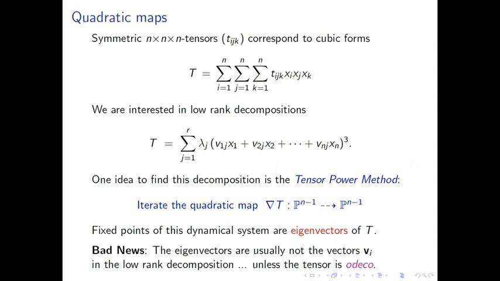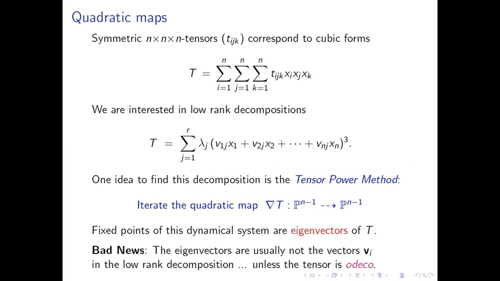Well, the low-rank decomposition we might be interested in is a decomposition of the tensor into a linear combination of third powers of linear forms. And we also might be interested in the eigenvectors. They are the fixed points of the quadratic gradient map, right? So if t is a cubic polynomial, then the gradient vector has coordinates, the partial derivatives, that are quadratic forms.